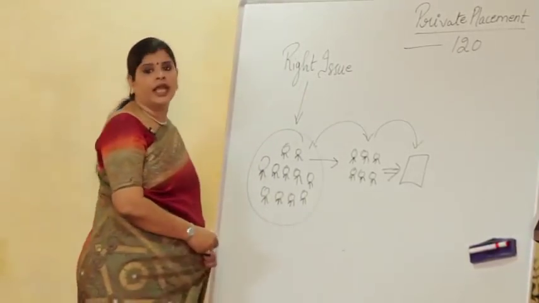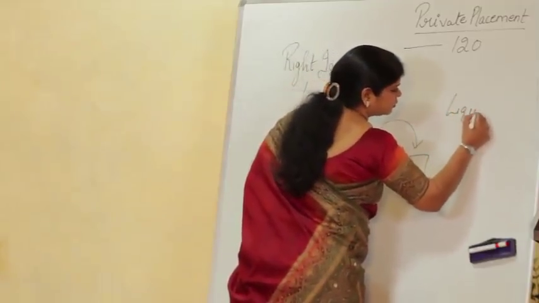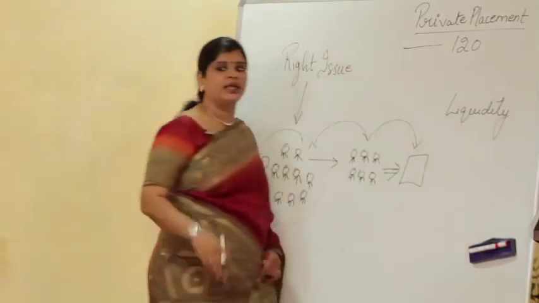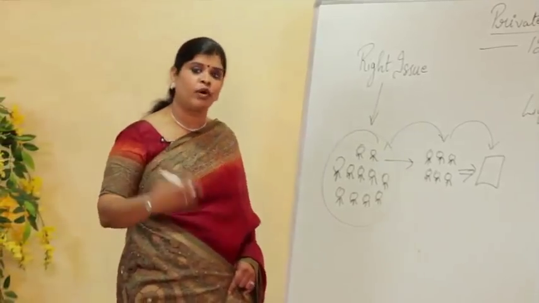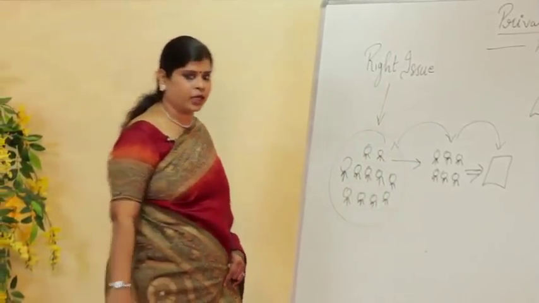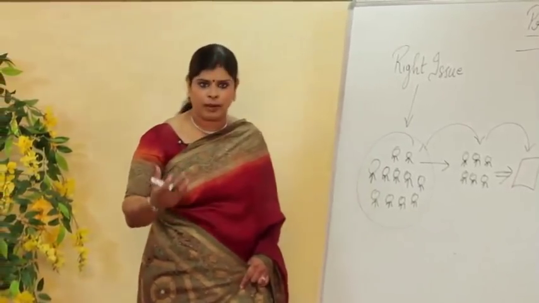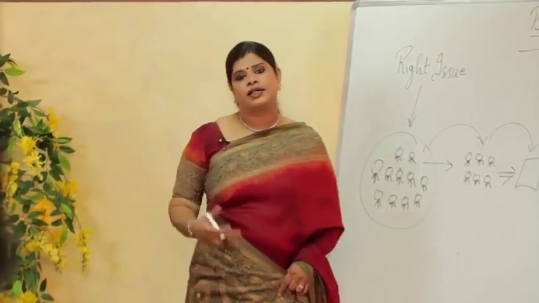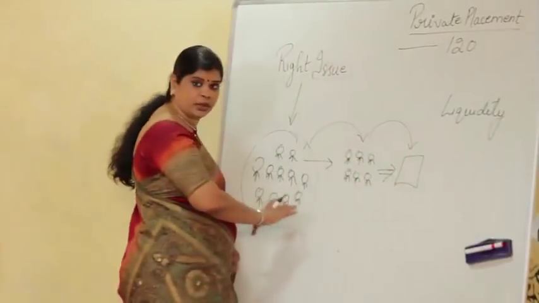Now if they need liquidity, anyone who invests in the market is concerned about liquidity, because in case of any contingencies or requirements, if he wants to liquidate his securities and investments, there has to be a proper platform available where he can liquidate his investments and get his funds back, right friends. So let's say these are the shareholders.